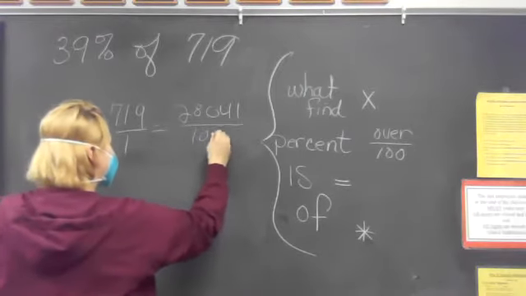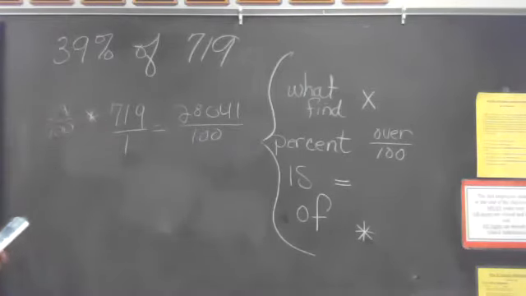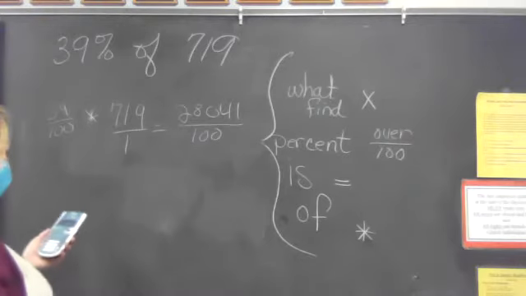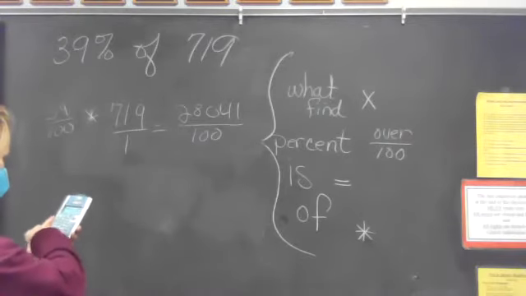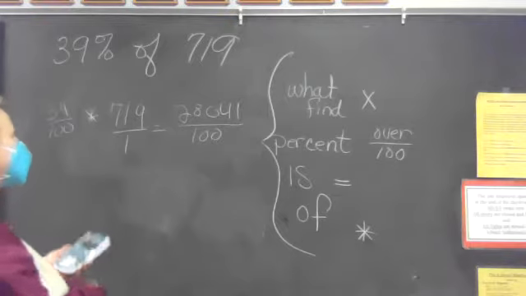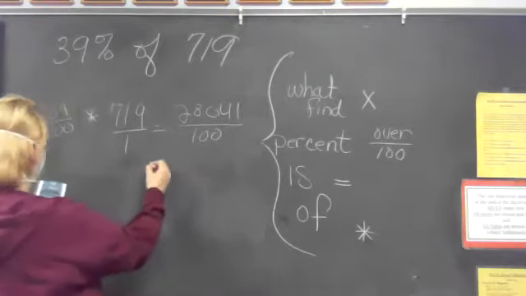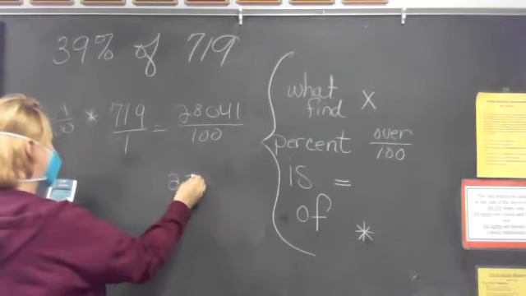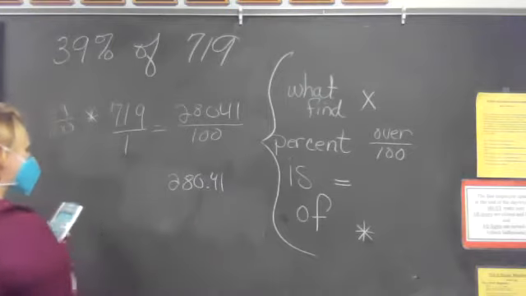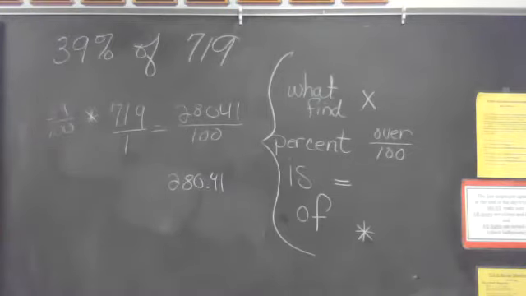Now you already have the 28041 on your calculator, and it says to take that and divide it by 100. So you can simply hit divide. And your answer is 280.41.